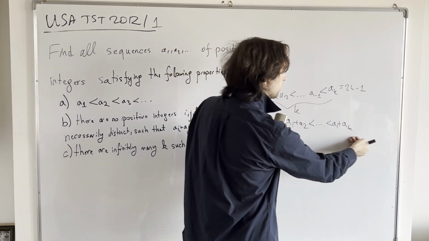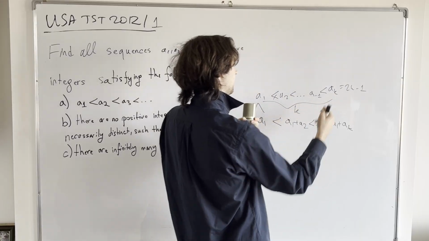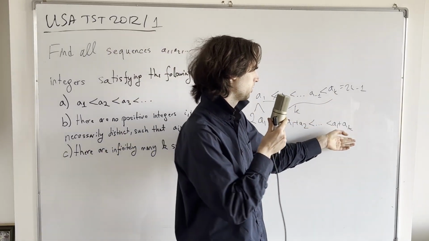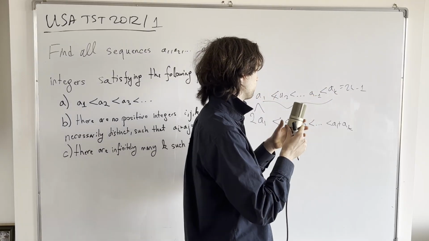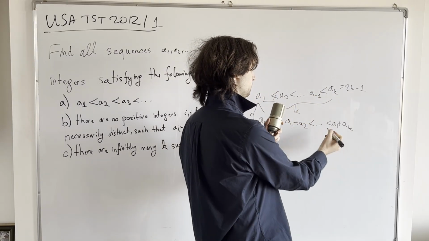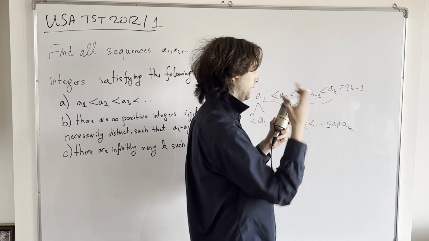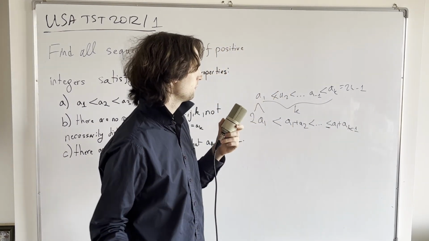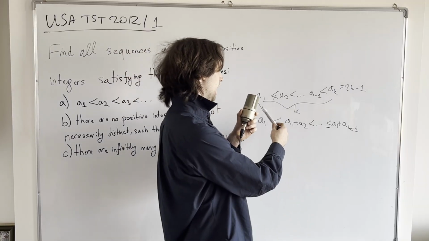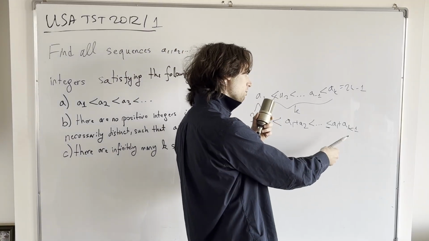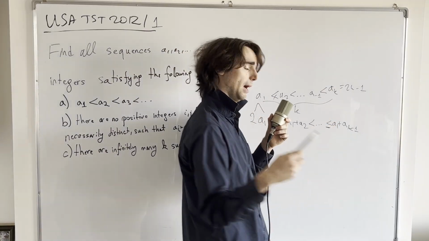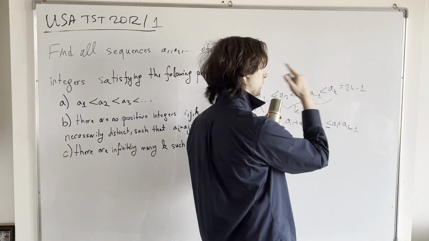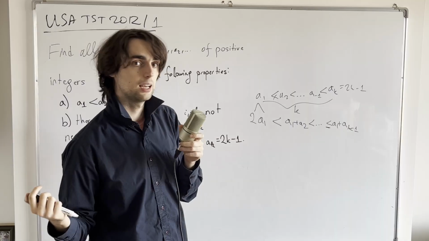Now, there's k things here, so one of them is definitely greater than or equal to 2k minus 1. But if we took the one before it as well, say we looked at all of these numbers, all of them have to be different, but alternatively we could have this one be bigger than a_k.